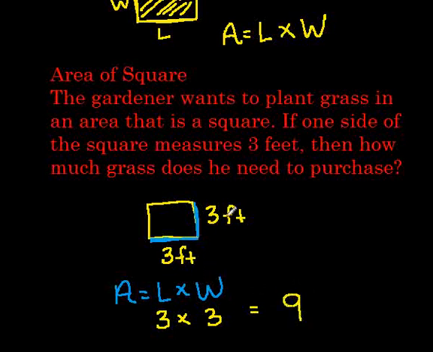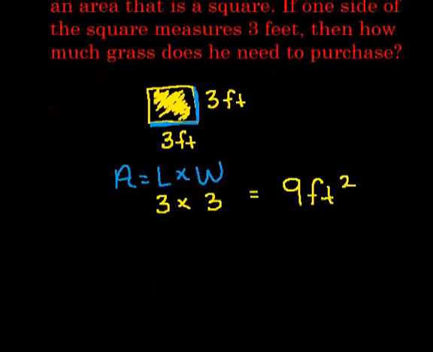It's 3 feet times 3 feet, so when I multiply feet by feet, they become squared units. He wants to fill all this area inside the square with grass, so he would need 9 feet squared of material. There's the area of that square.